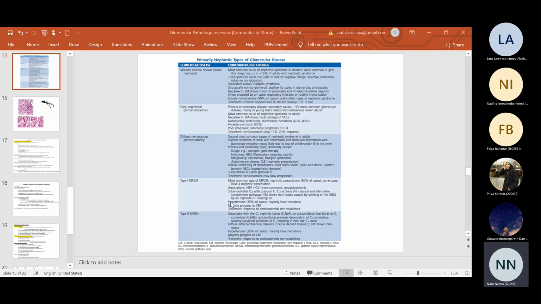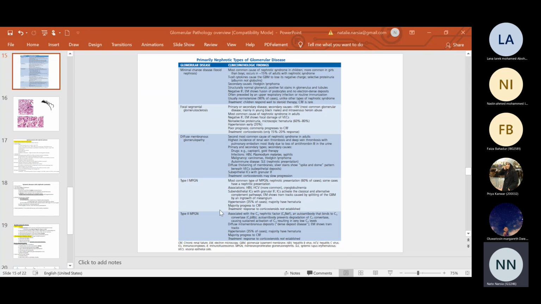For that reason, because of C3 nephritic factor, it can give a clinical picture of nephritic syndrome. And that is type 2 membranoproliferative glomerulonephritis. So, the more important point is type 2, I mentioned already.